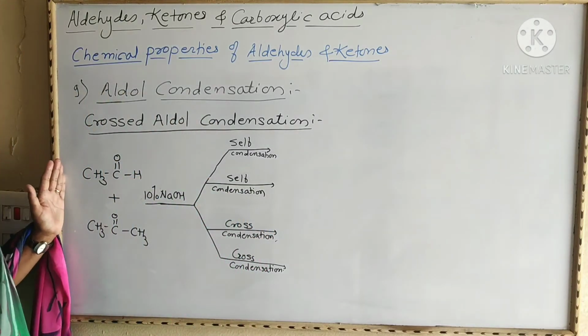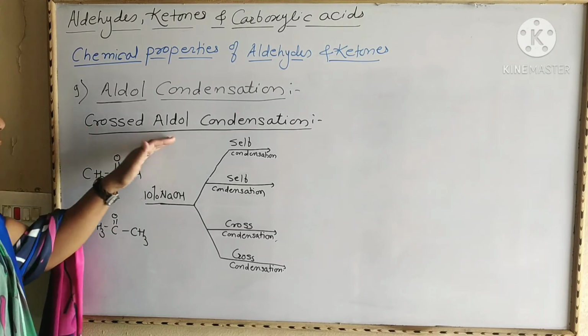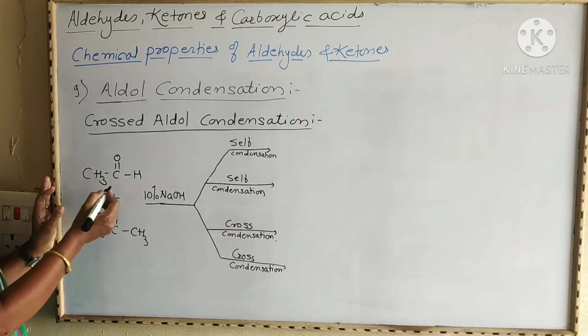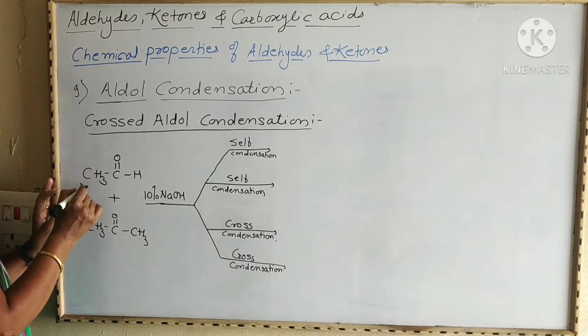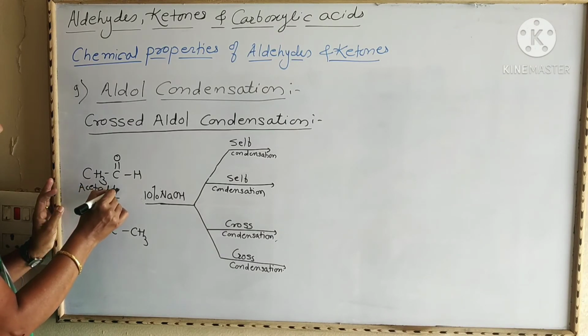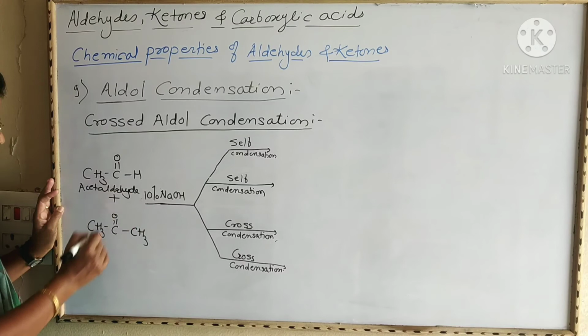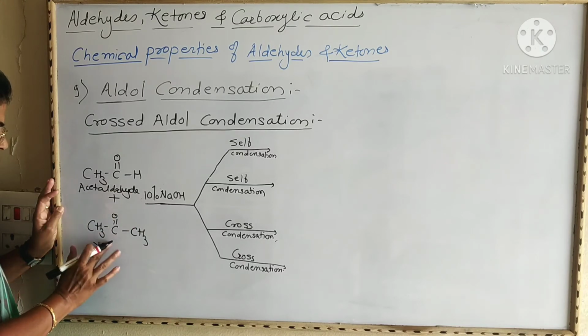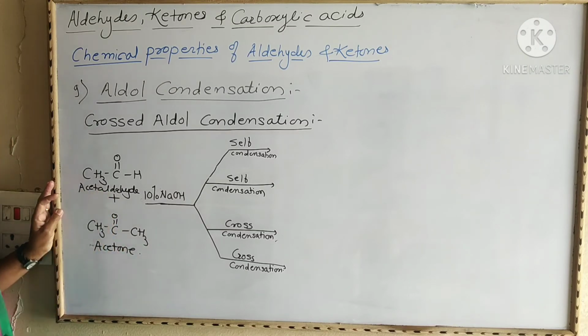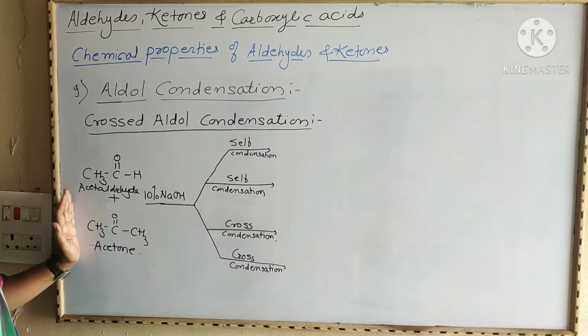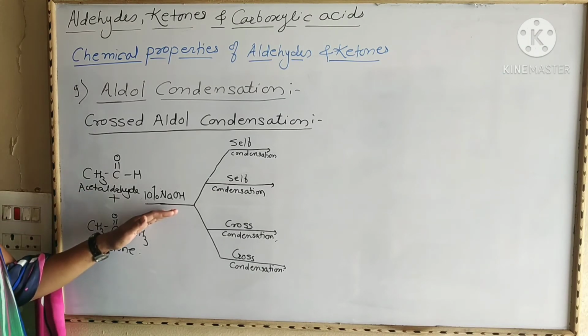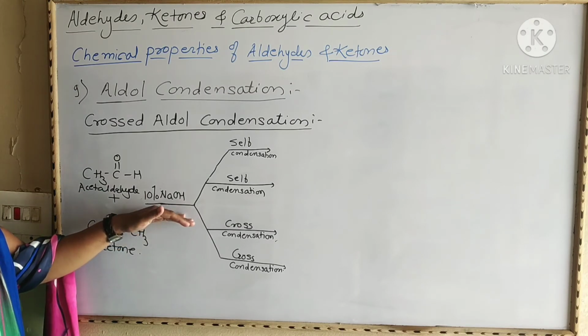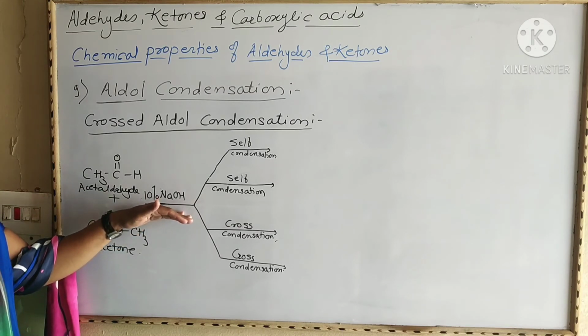Here we carry out the crossed aldol condensation between one molecule of acetaldehyde and one molecule of ketone, that is acetone. When one molecule of acetaldehyde is reacted with one molecule of acetone in presence of 10% NaOH, four types of reactions are carried out.